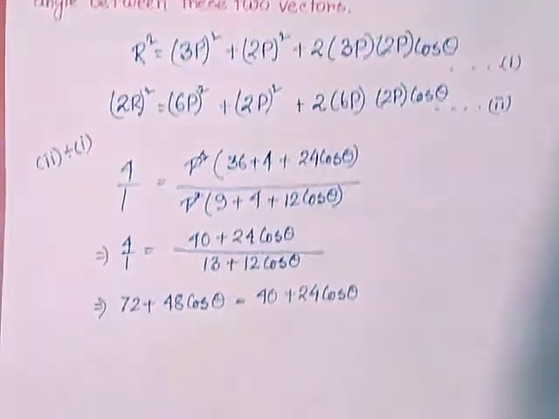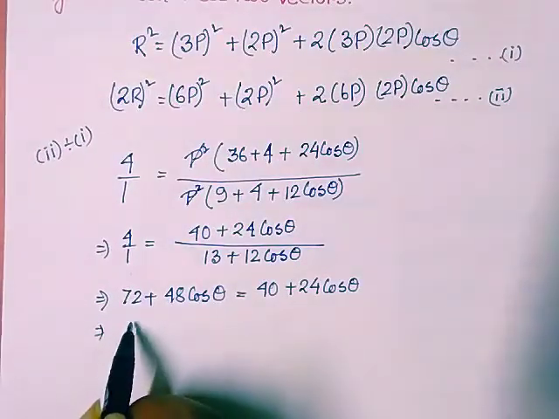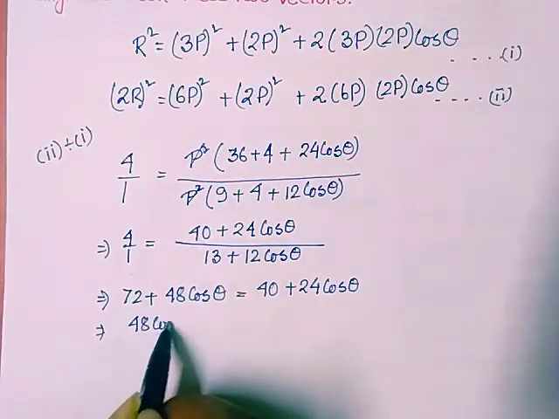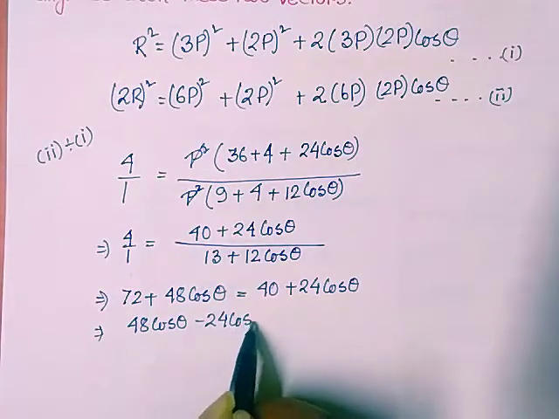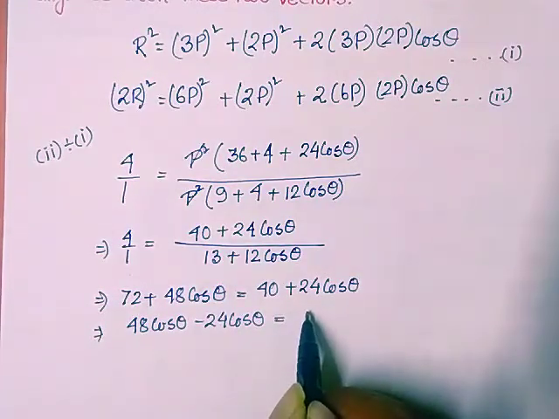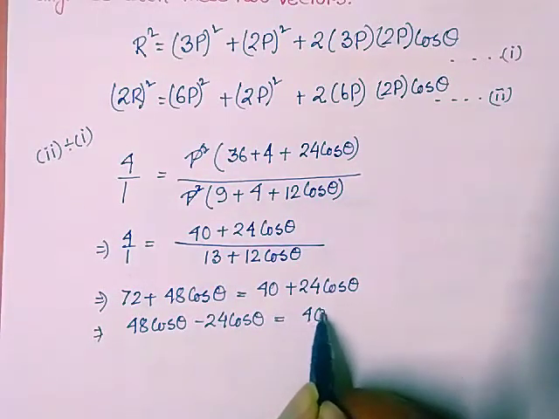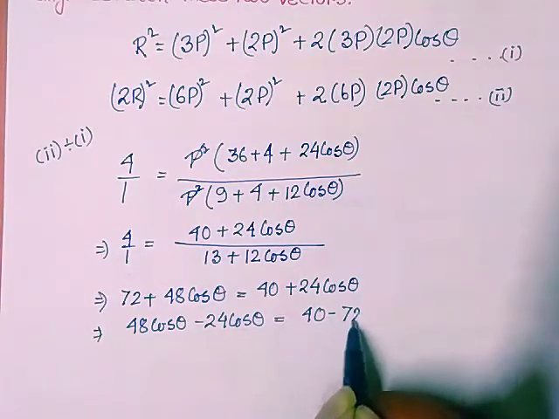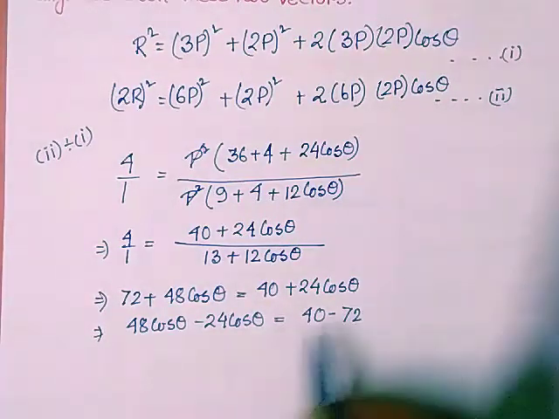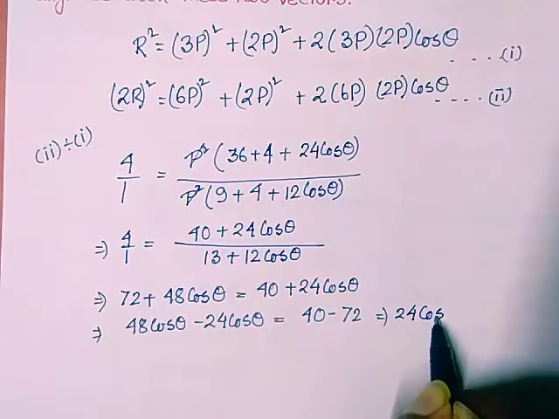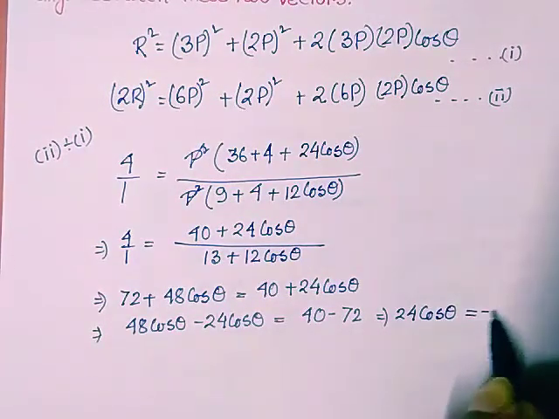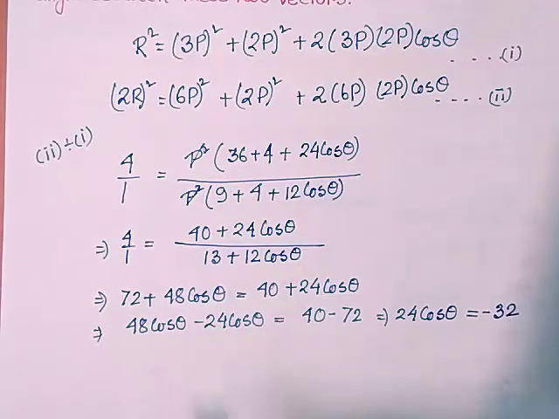Okay, so 48 cos theta minus 24 cos theta equal to 40 minus 52. Okay, so we can say this is 24 cos theta and this one is minus 12.